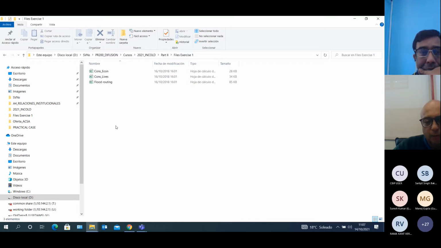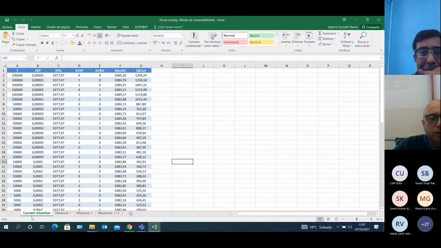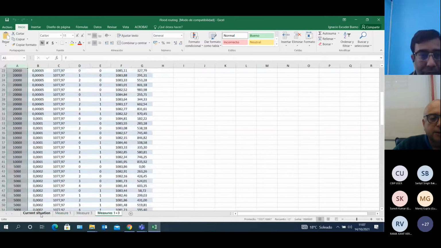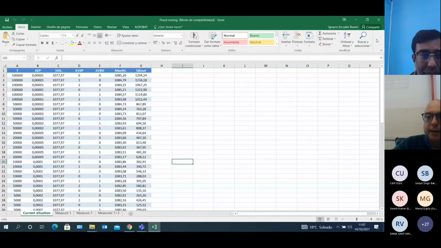Just to make sure these are the right ones, when you open flood routing and you put current situation, it looks like this. And then you have measure 1, 3, and the combinations of 1 plus 3 as different pages in the zip file.